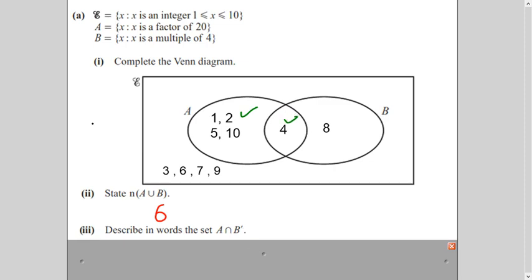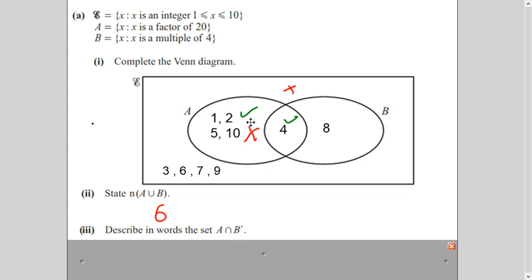If I say B complement, it means outside B. So it is this one and this one, right? And now there is the intersection between them, A intersection B complement. Can you notice? A intersection B complement means common. So this is the common portion.